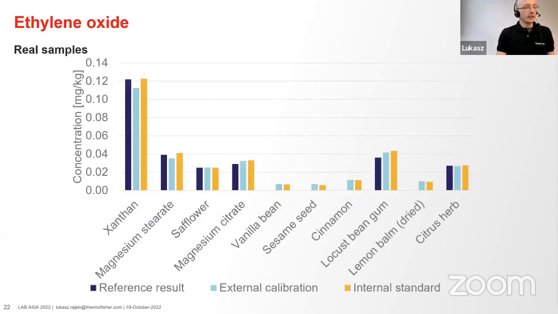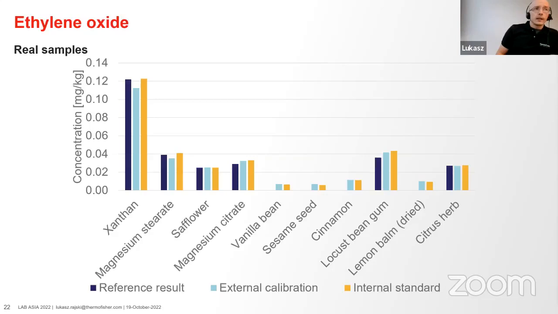On this slide, you can see some results of real sample analysis. We obtained a batch of real samples from one of our customers. They analyzed those samples in a laboratory that was accredited under ISO 17025. And here you can see the results from that laboratory.